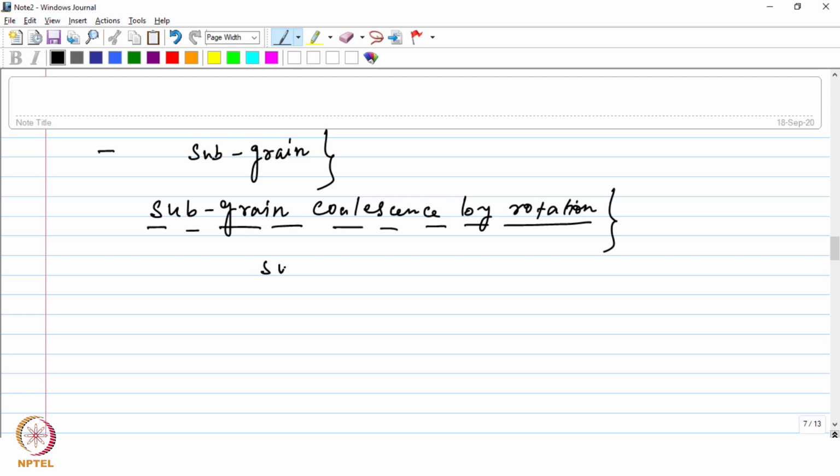So a subgrain can rotate and align itself with the neighboring subgrain, and then as the misorientation between these two subgrains due to this rotation comes down, then these two subgrains can merge into one, because now there is no orientation difference between these two adjacent subgrains, right? For that to happen, one of the subgrains or the subgrains which are taking part in this coalescence process have to rotate.